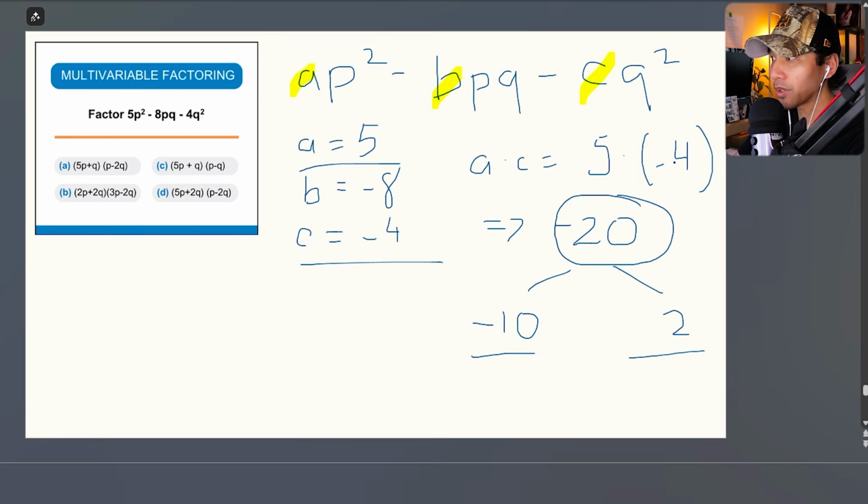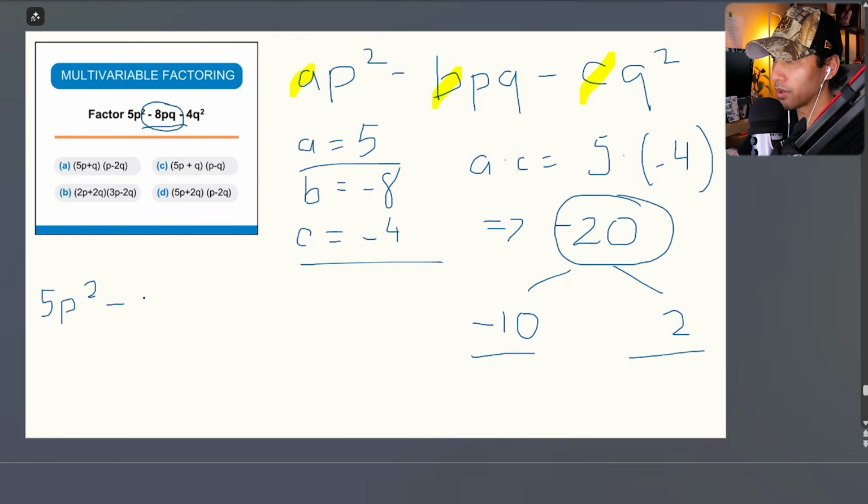So now we're going to have to write everything, the whole equation down like this. Okay, rewrite everything. So 5p squared minus, and what we're going to do is something with this -8pq. We're going to split this term. That's why we did this.